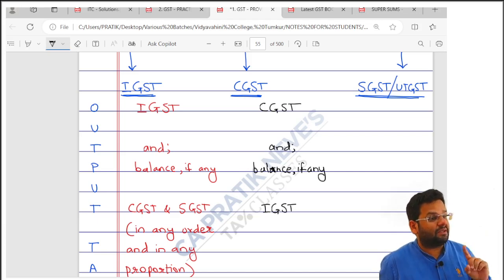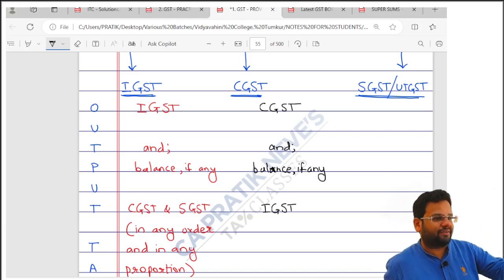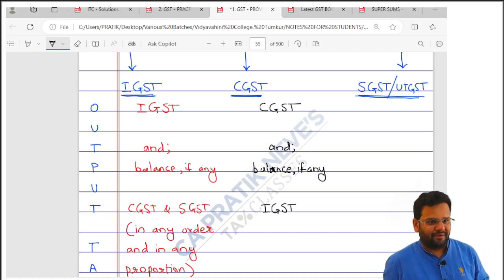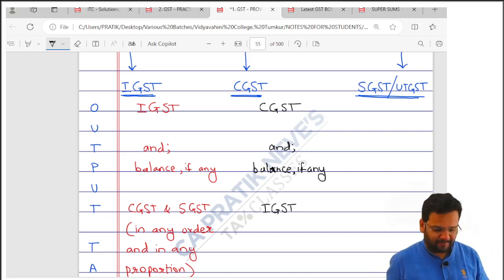I'm not promising there would be a balance, but balance if any. Okay, there could still be output tax of IGST left. There can be all types of permutation combinations. What I am saying, you will probably not understand unless we solve 4 to 5 questions.